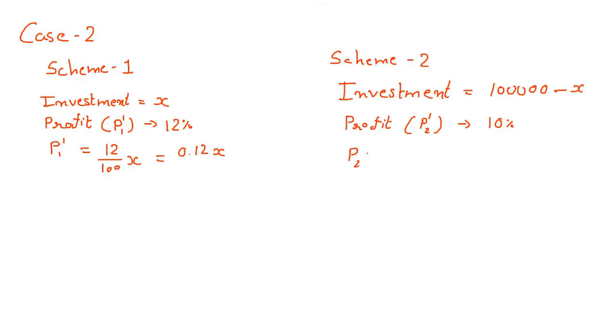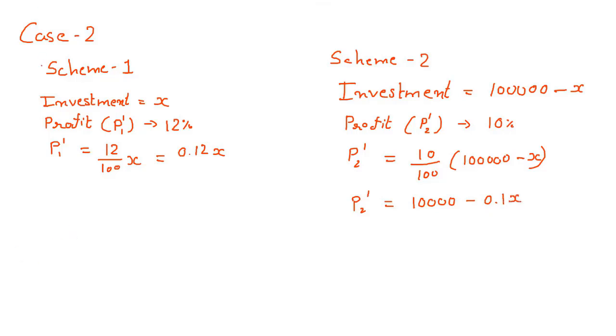Therefore, P2 dash will be equal to 10 by 100 times the invested amount, which is 1 lakh minus X, and therefore P2 dash will be equal to 10,000 minus 0.1 X.